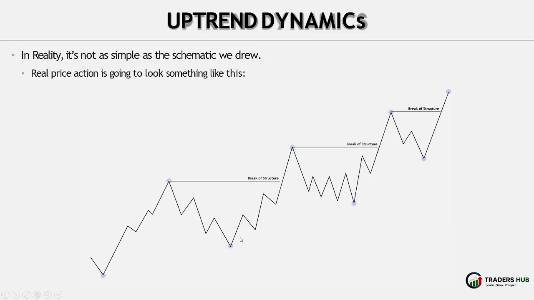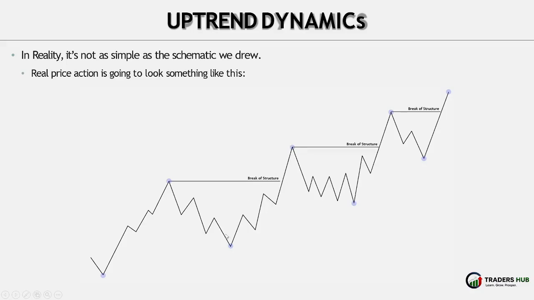Okay, and that doesn't mean the trend has changed. It is just the order flow on the lower time frame, and we are going to cement that when we move. Okay, yes, after we form this higher low, we broke structure.